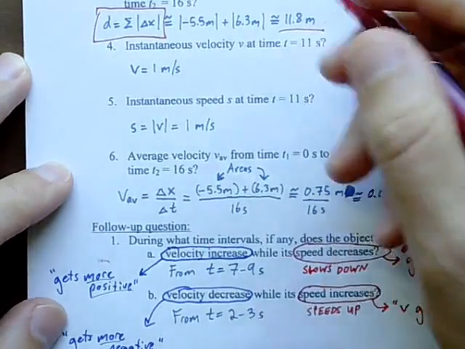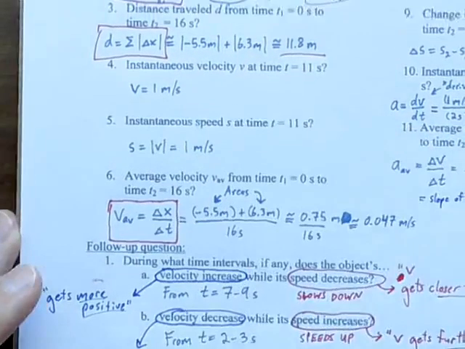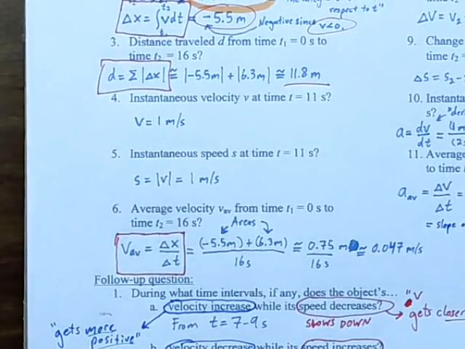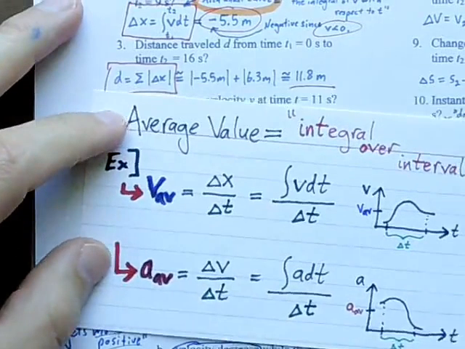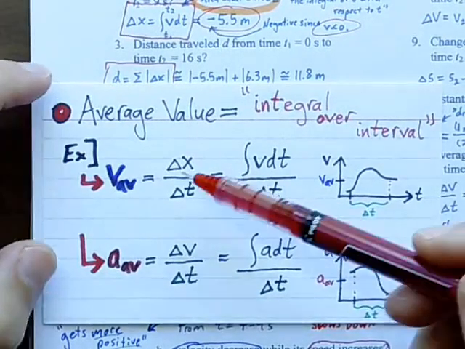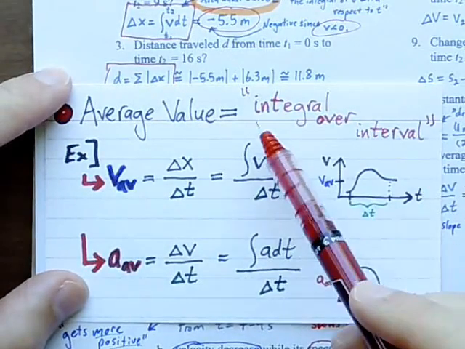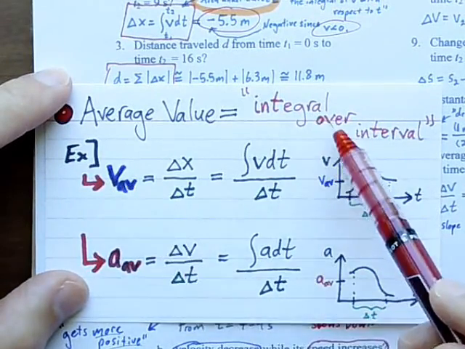Okay, that brings us down here to average velocity, which I want to talk about in some more detail now. An average value in general, delta x over delta t. An average value, no matter what kind of quantity we're talking about, can be found from the integral of that quantity over the interval.